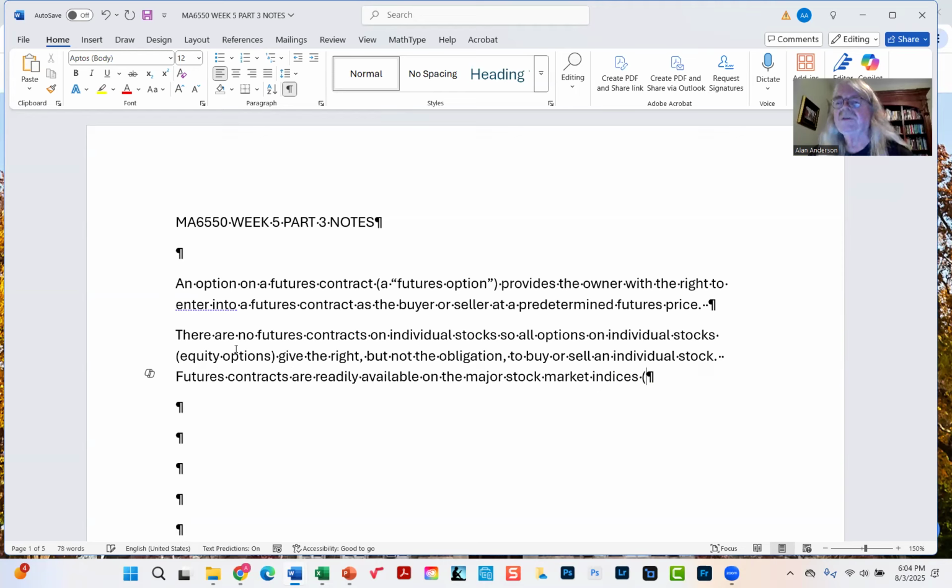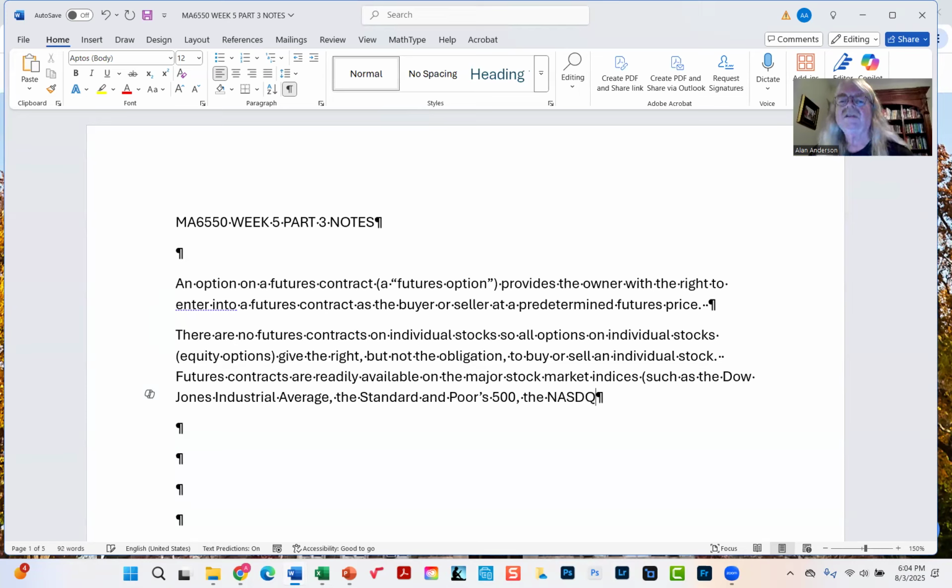And of course, you probably know some of their names, such as the Dow Jones Industrial Average, the Standard and Poor's 500, maybe the Nasdaq. All of these have futures contracts available written on them.